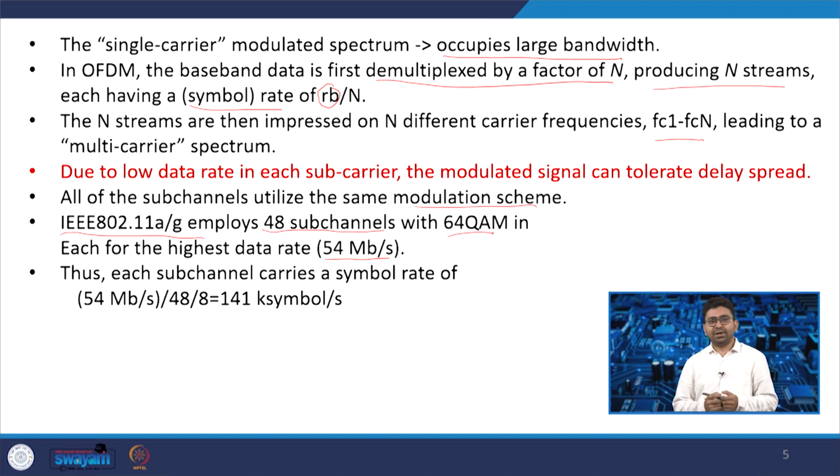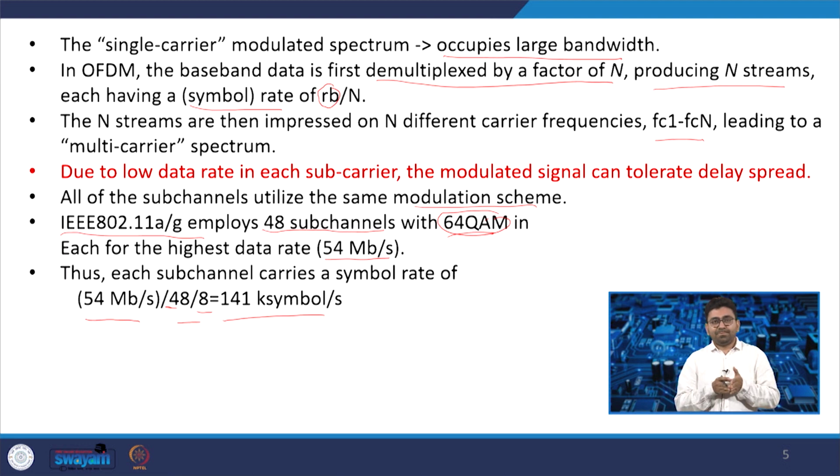If you want to calculate the symbol rate, we just need to divide 54 Mbps by 48, that is the number of sub channels, and again divide by 8 because we have used 64 QAM. Now, if you use QPSK or something else, then this 8 will change. If your number of sub carriers, sub channels are different, then this will change, and the total symbol rate is 141 kilo symbols per second.